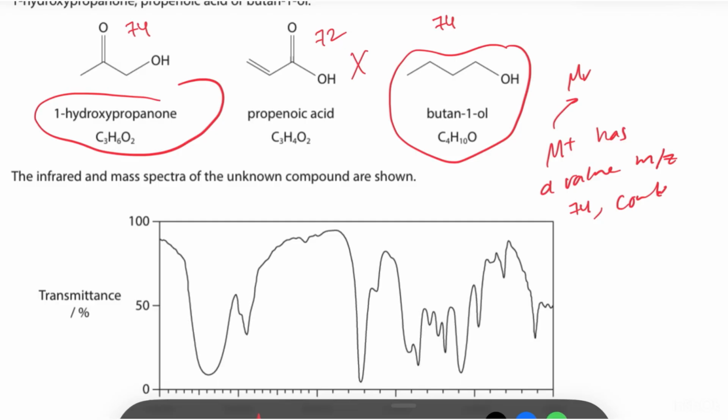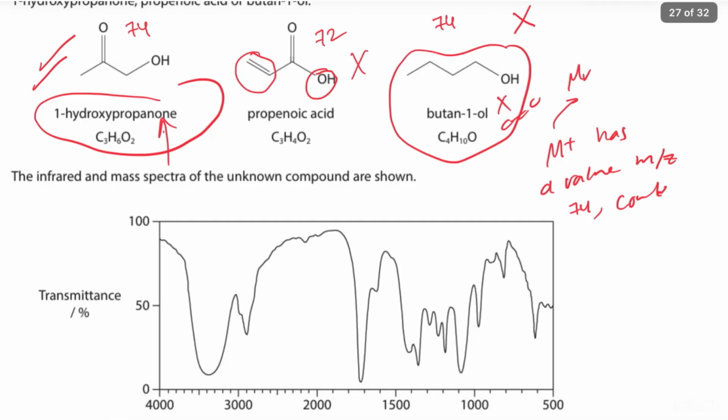So you have to mention that both compounds have a molar mass, or M+, of 74. And as a conclusion, we exclude this one because the OH wave number is too low and there is no C=C double bond absorption. That's why it confirms that the compound is 1-hydroxypropanone.